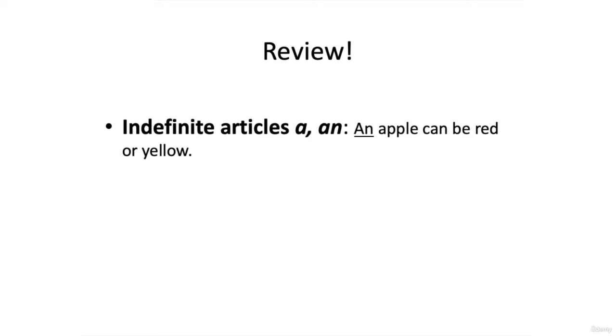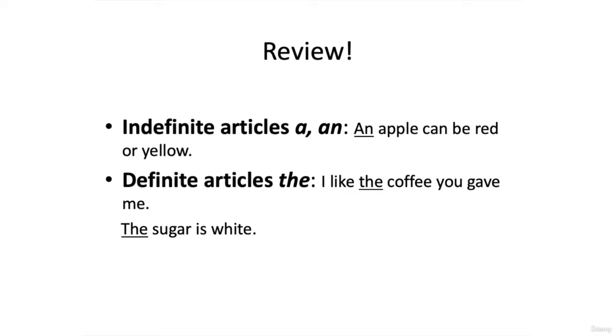All articles are used before nouns. We use the indefinite articles a, an, with non-specific singular countable nouns. For example, an apple can be red or yellow.